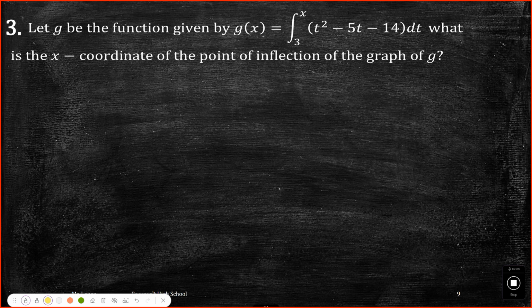What are we going to do for this? Anybody, what should we do? Get the derivative. G prime of x will equal, just plug in x for every t, x squared minus 5x minus 14.